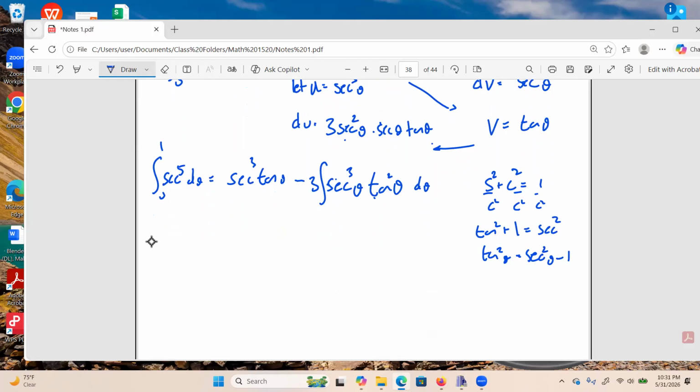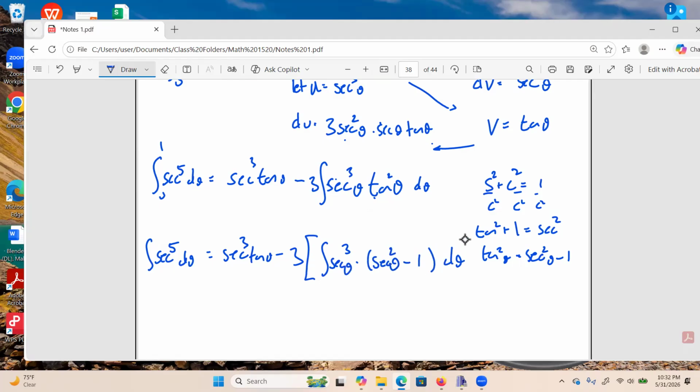So we have the integral of secant to the 5th d theta is equal to secant cubed tangent theta minus 3 times the integral of secant cubed times secant squared minus 1 d theta.